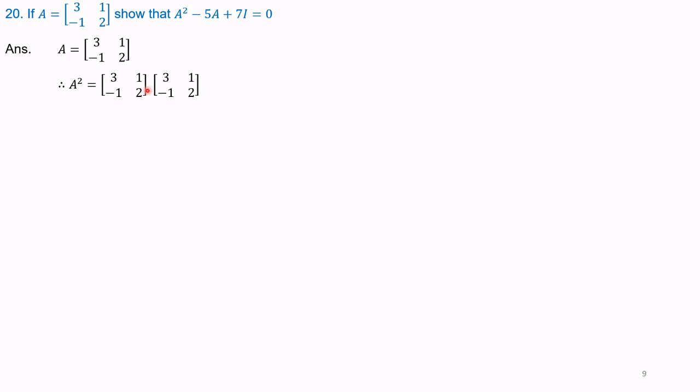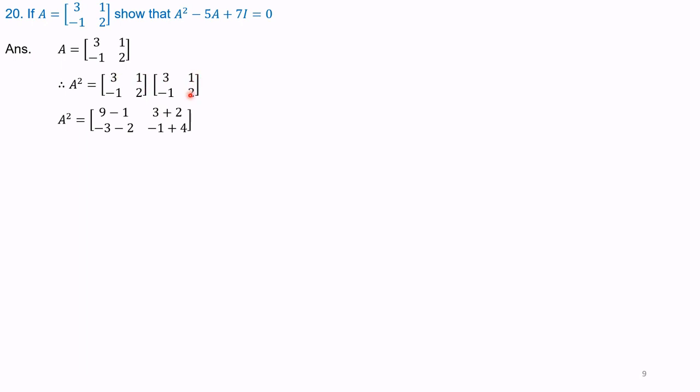We have to multiply: first row by first column, first row by second column, second row by first column, and second row by second column. Doing it, we get 9 minus 1, and then 3 plus 2 for the first row into second column.